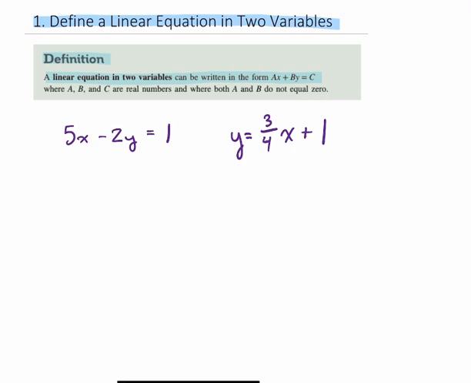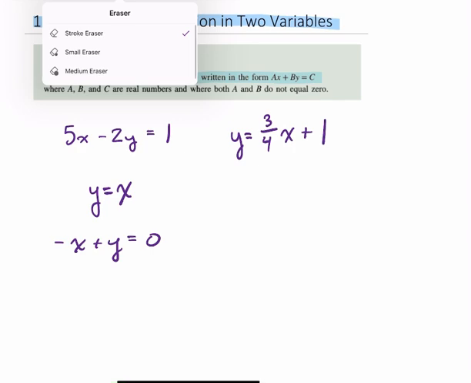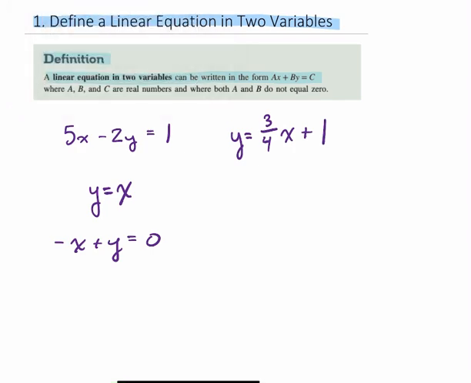We could have a very simple version, just y equals x. It's a linear equation in two variables. If we put it in this other form, if we move the x over, we could write it as negative x plus y equals 0 if we were to subtract the x over to the other side. And we could even say something like x equals negative 3. Now this looks like what we've worked with before, an equation in one variable, but we could say technically we have 1x plus 0y equals negative 3.